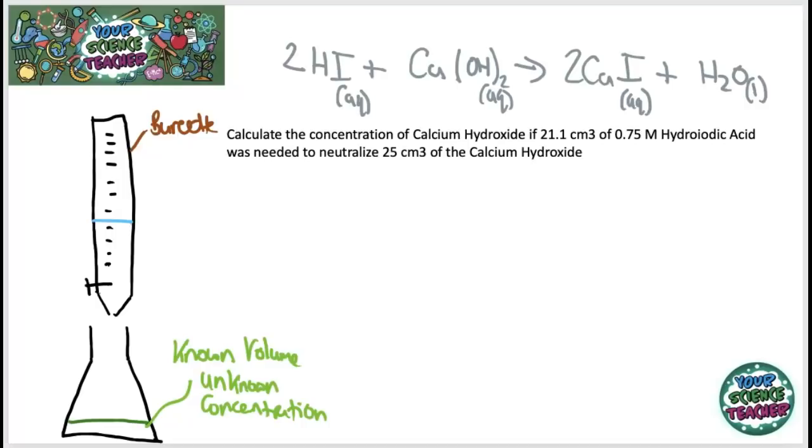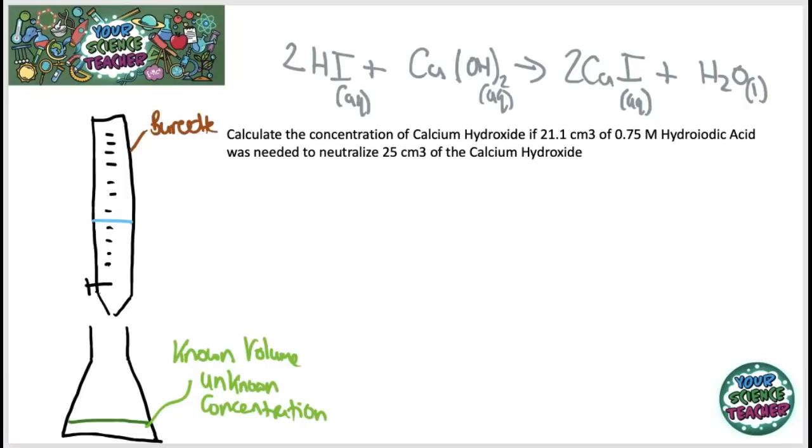Okay, now let's have a look at how I could actually go about doing this calculation, in order to calculate my concentration of calcium hydroxide when I have this known concentration of hydroiodic acid. I know the volume of both of them, and I can start by calculating the number of moles of hydroiodic acid first.